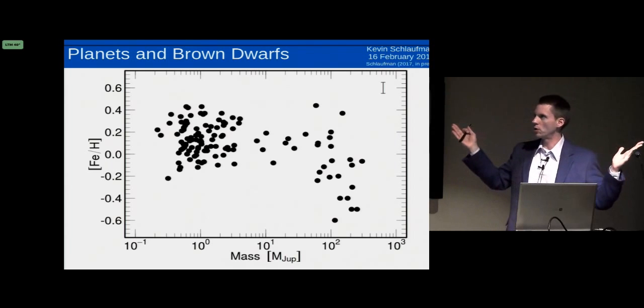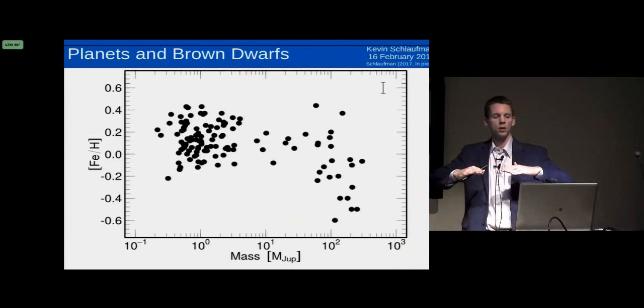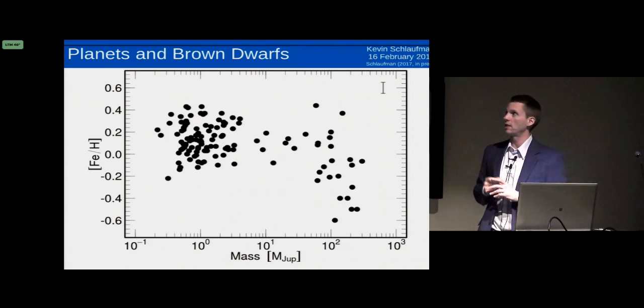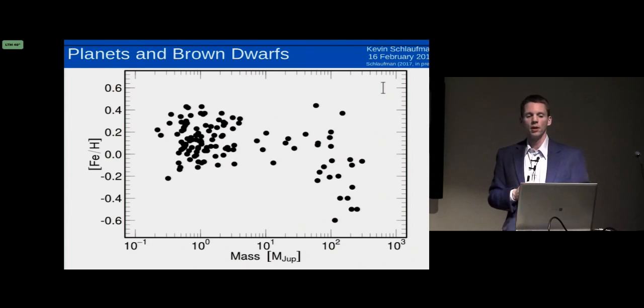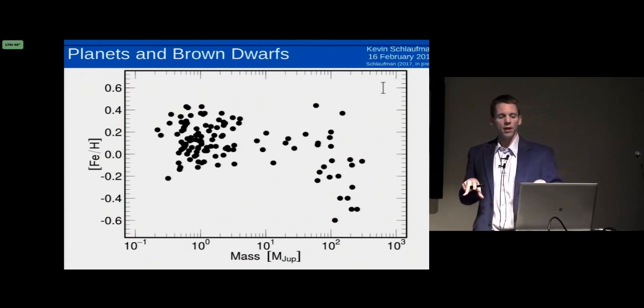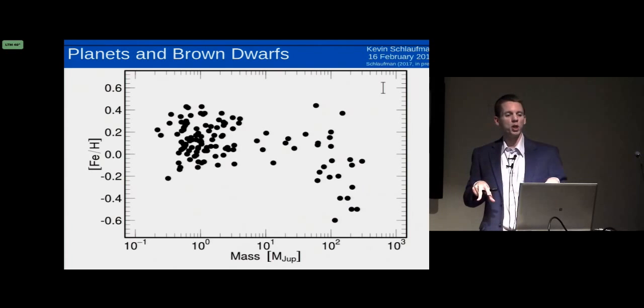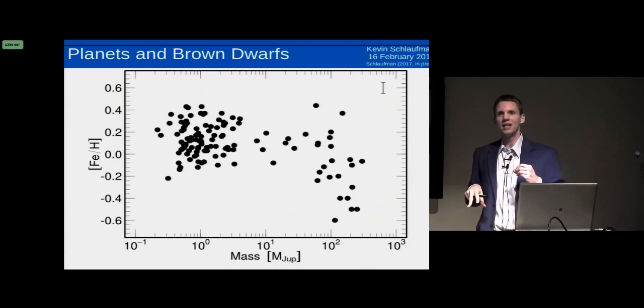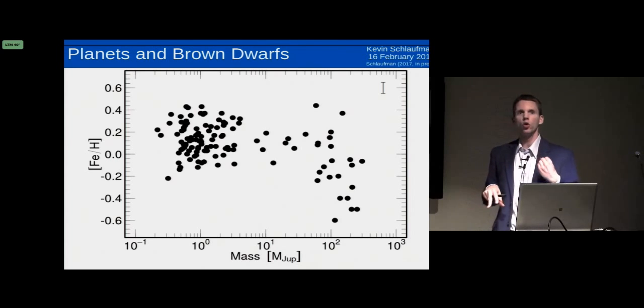I also used a top-down approach called k-means, where I assert that there are two classes of objects in this diagram, and then the computer tries to find which centroid in this space minimizes the within-group dissimilarity.